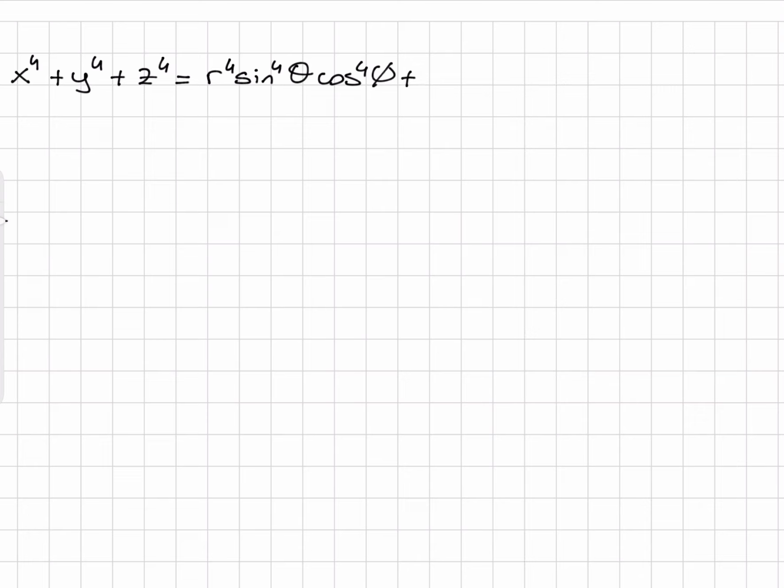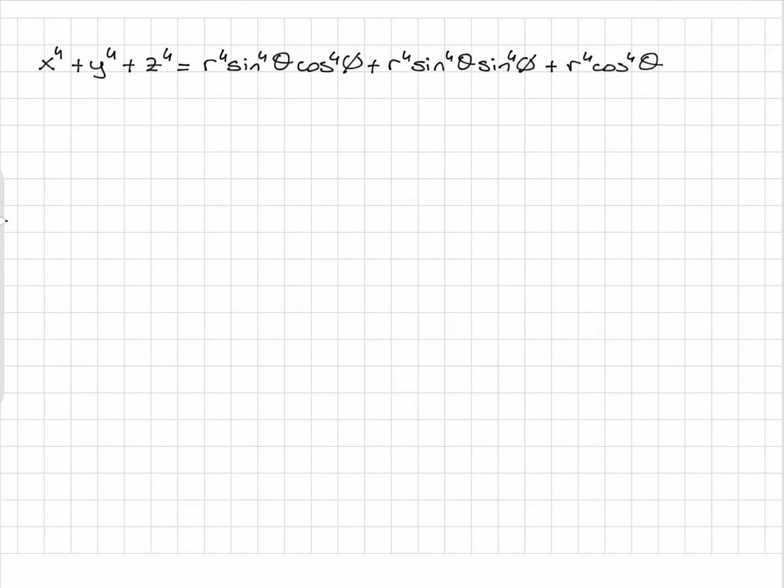And for y we have r to the power 4 sine theta to the power 4 and sine phi to the power 4. And for the z, we have r to the power 4 cosine theta to the power 4.